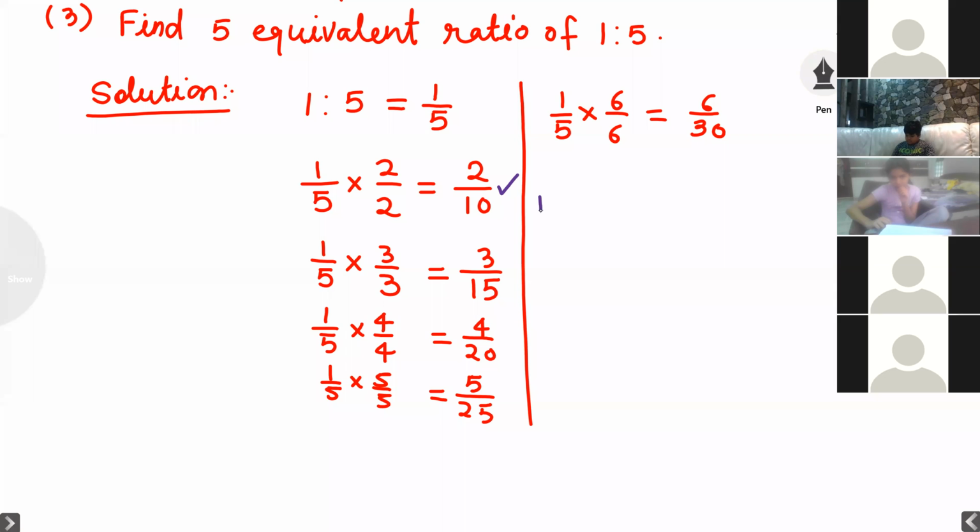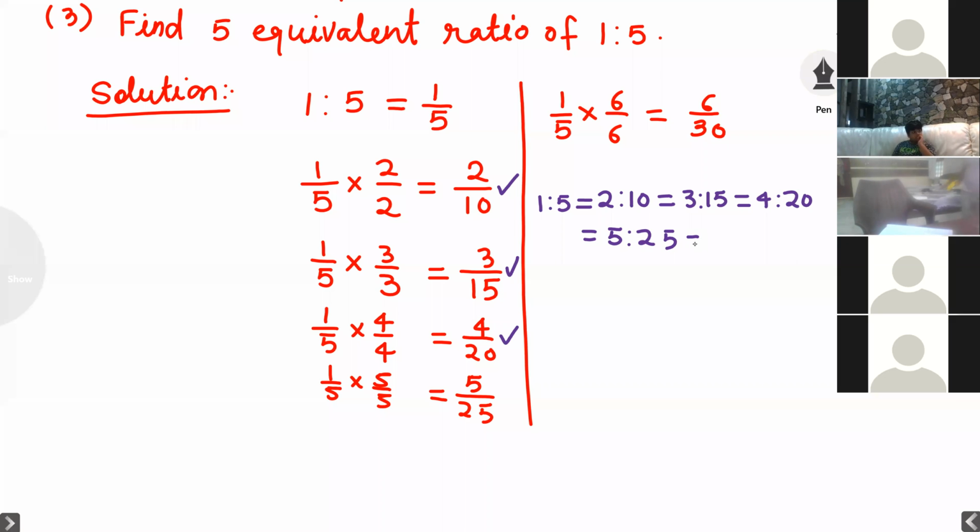Firstly, I will write 1 is to 5 is equal to 2 is to 10 is equal to 3 is to 15 is equal to 4 is to 20 is equal to 5 is to 25 is equal to 6 is to 30. It is looking different, but the actual ratios are equal.